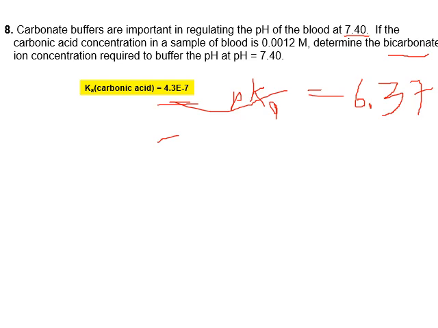So when we set up our equation, it's going to be 7.4, and I'm getting that from the problem statement because that's the pH that we're trying to get here. And that is going to equal pKa, which is 6.37. I know this is hard to read.